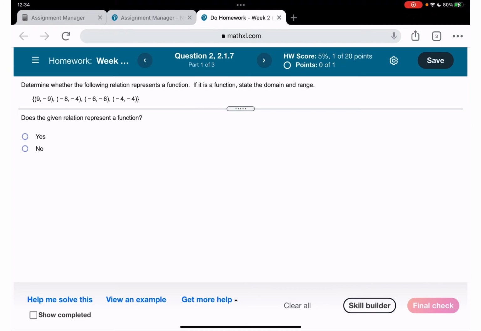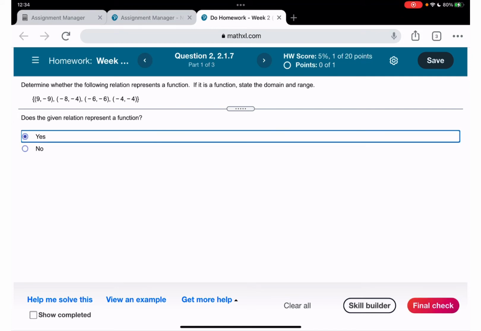Similar again. So is this relation represent a function? So I'm going by value of x to see if it's repeating or not. So we have 9, negative 8, negative 6, negative 4. It doesn't repeat x, so it is a function.